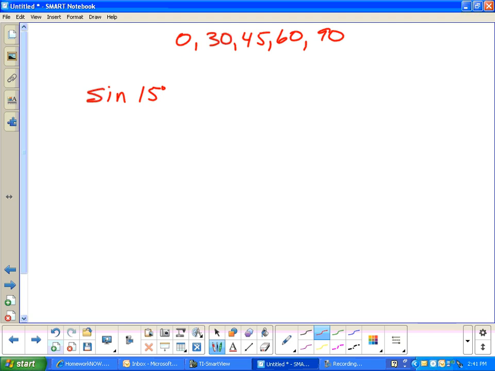Instead, you have to write 15 degrees as the sum or difference of two of these numbers on the board. You could pick either 60 and 45, or 45 and 30, and you'll get the answer either way. Let's use 45 and 30. We can write this as 45 degrees minus 30 degrees, because that's 15 degrees.